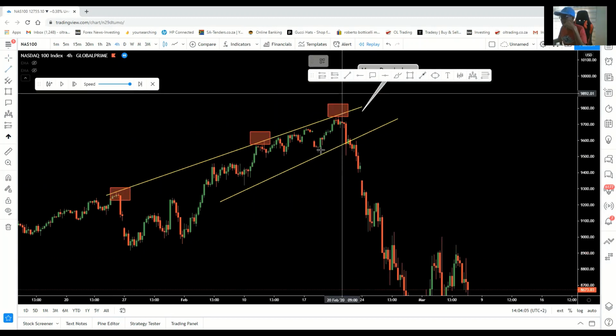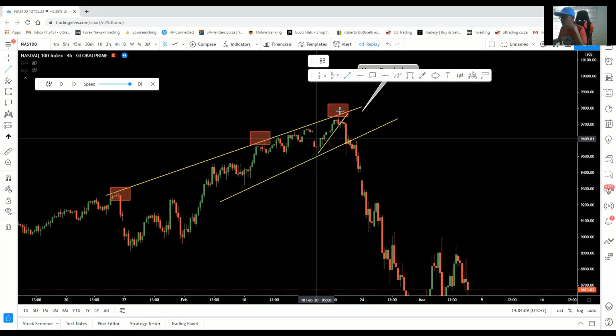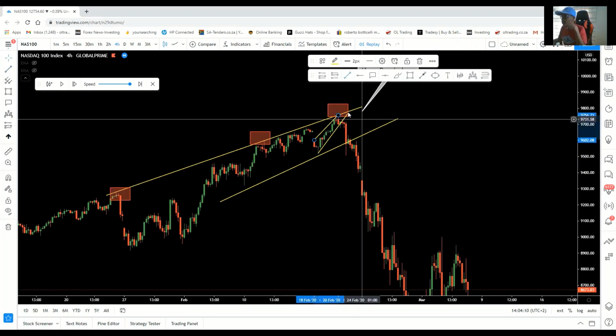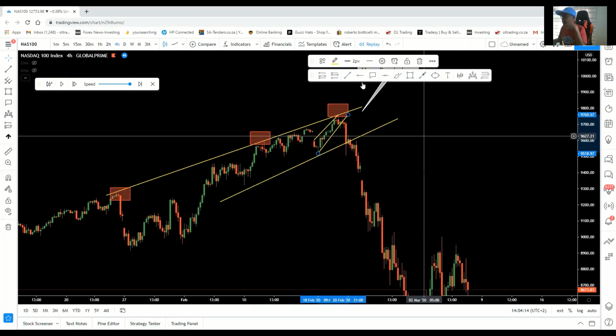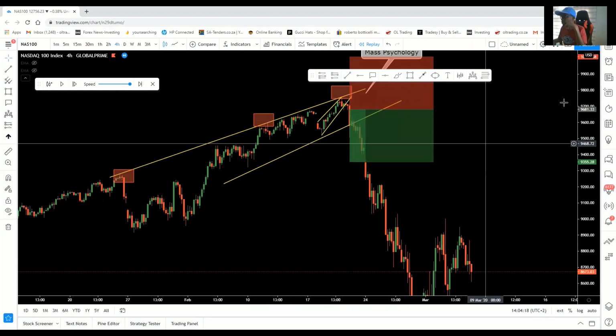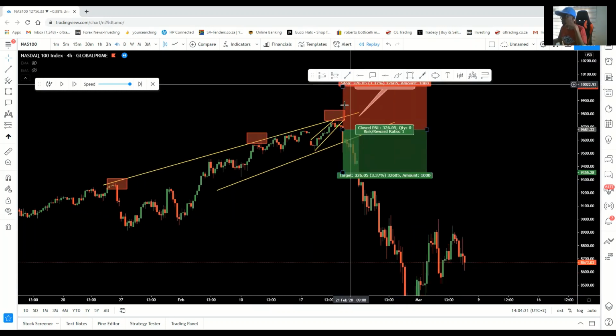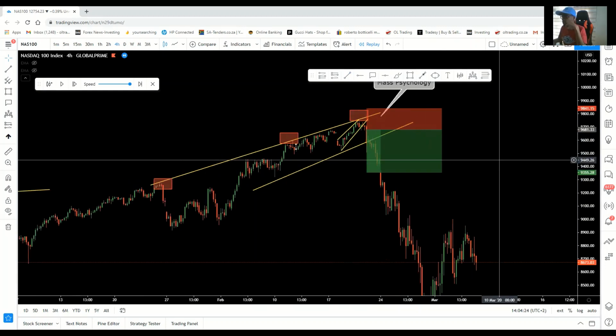At this level, you'll have a pattern within a pattern. You understand? So basically, you'll take your entry at this point here. Then your stop loss will be just a little bit above. Then you take it all the way down.